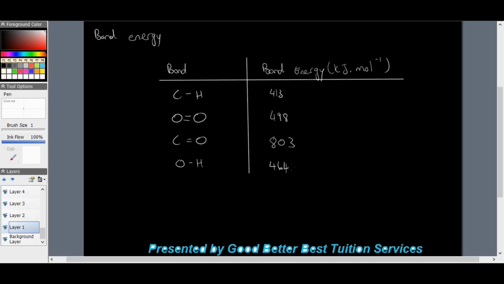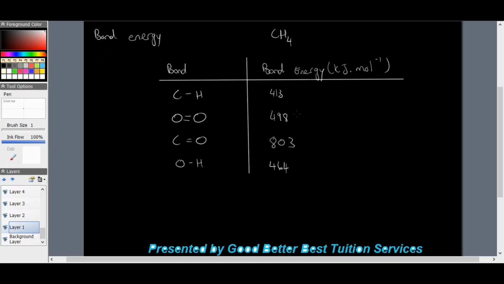So how do we work out bond energy based on what we've just been given? What happens if I want to have a look at CH4? Because I've got C-H over here, I want to have a look at CH4. This is my compound, my molecule.